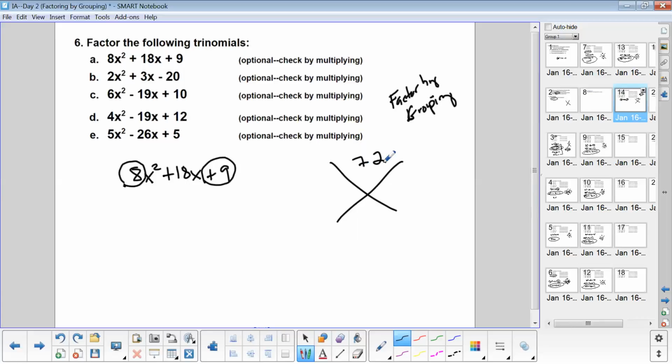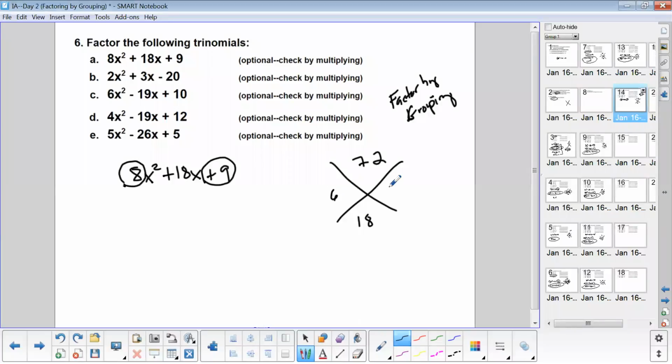And I'm looking for factors of 72 that add to give me 18. And it's not going to be 9 and 8, even though 9 times 8 is 72. 9 and 8 don't add to be 18.